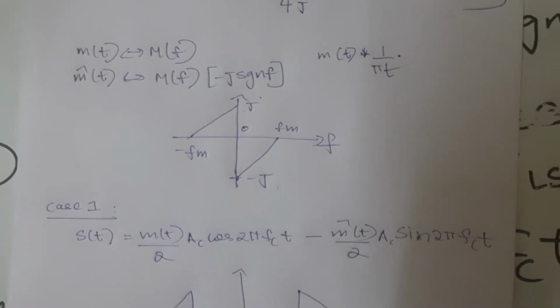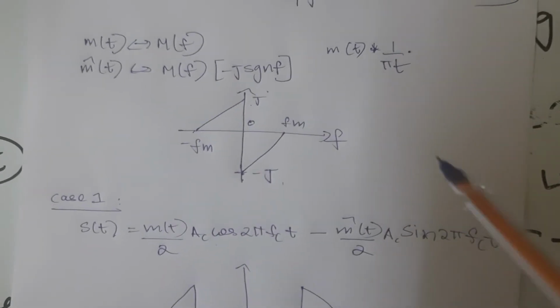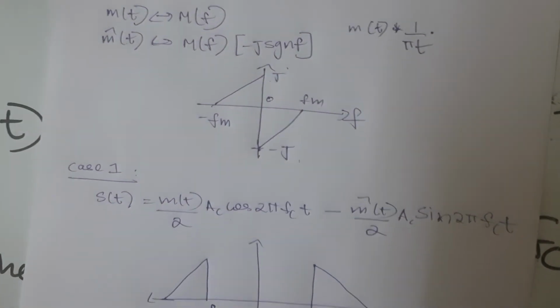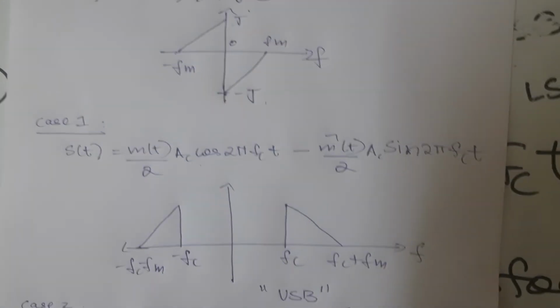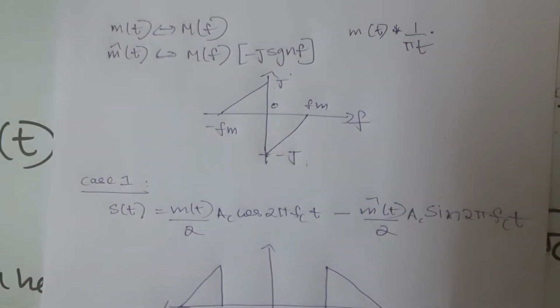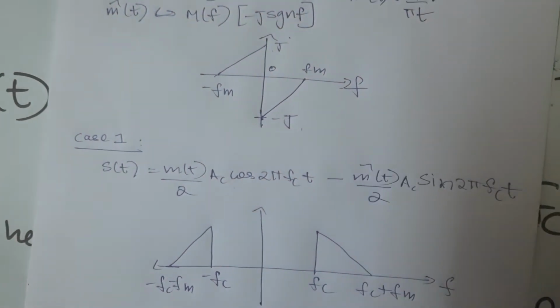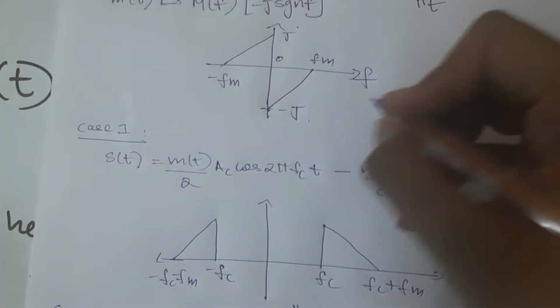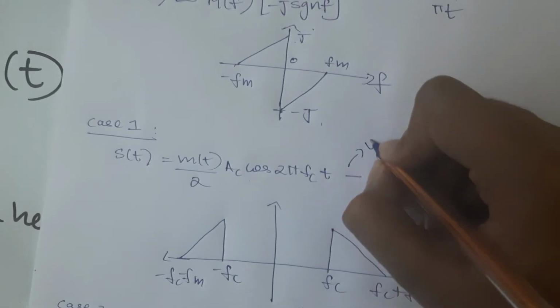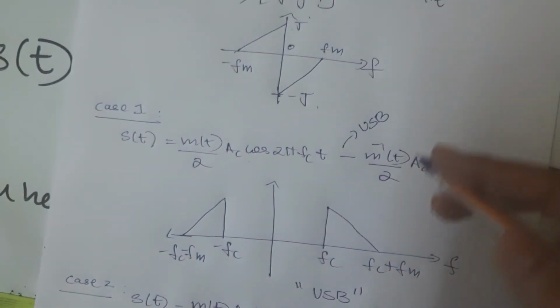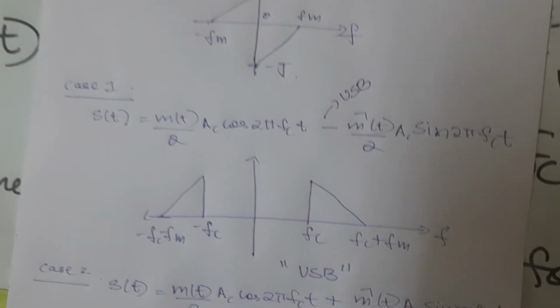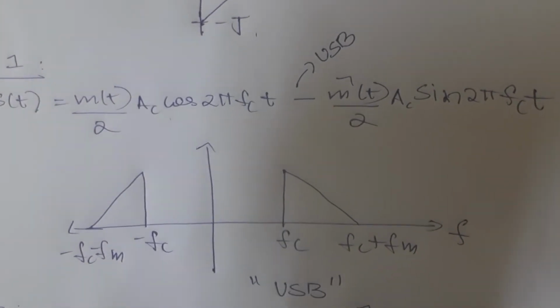Now here the trick is I have directly given you the spectrums. Simple thing to remember, instead of simplifying the whole thing, is whenever I have a minus sign, as I mentioned earlier, that shows us the upper sideband. Now for that, this is how your spectrum will look.